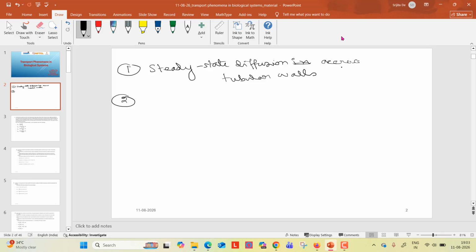This is done in tubular, meaning tube form, so it will be easier to do in cylindrical format, cylindrical coordinates.